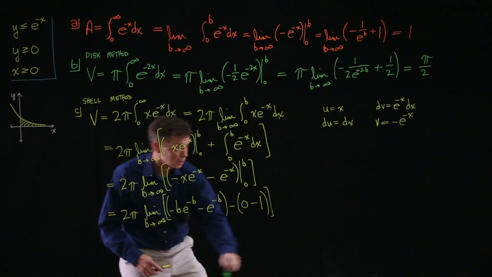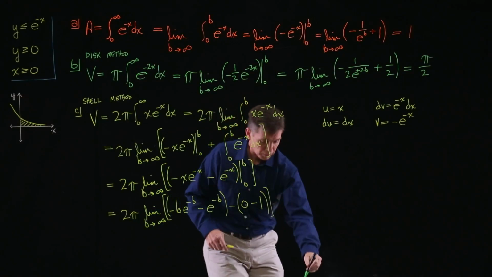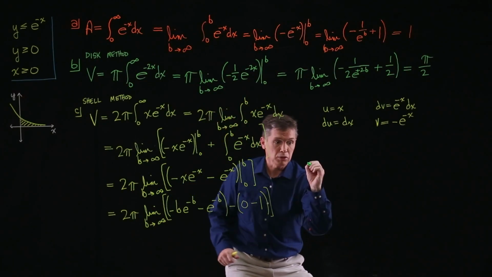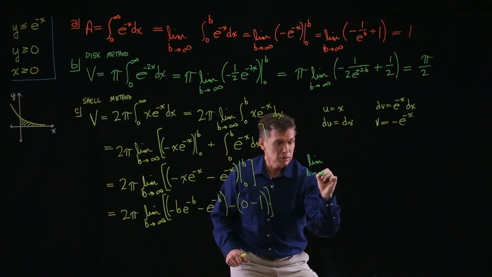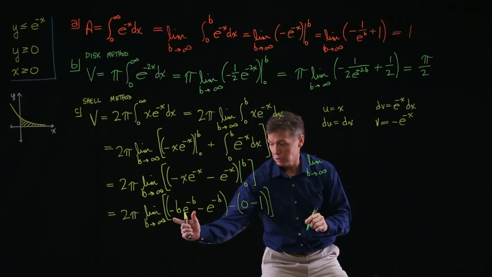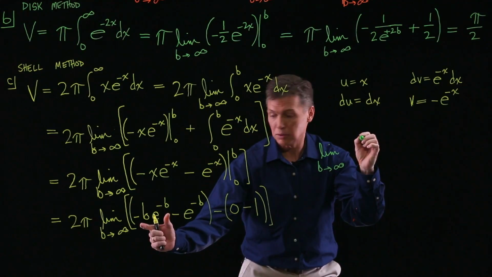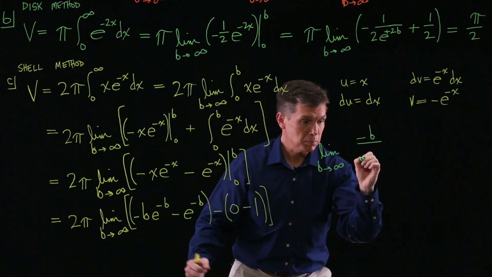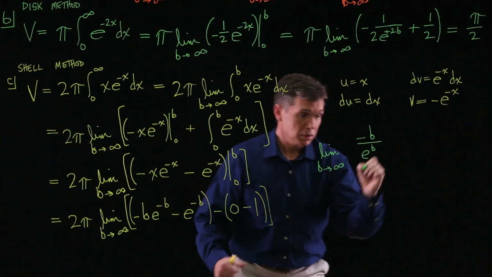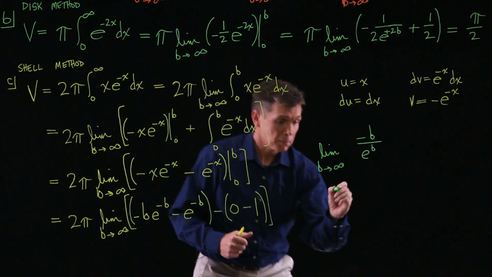Let's see if I can do that over here, where I'm just looking at the limit as b goes to infinity. I'm only worried about that first term. Let's write that as a minus b in the numerator and an e to the positive b in the denominator, so that L'Hopital is ready to go.